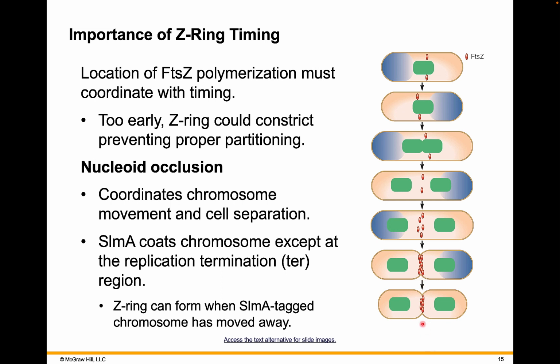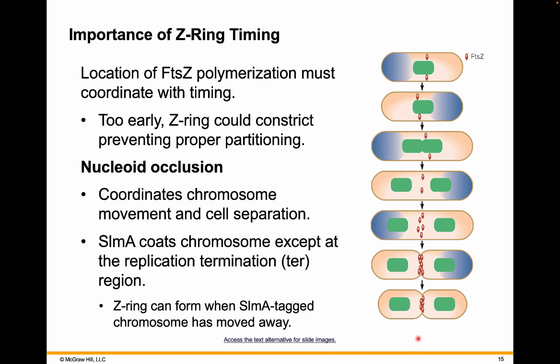And there are some other proteins which are also involved. SlmA coats the chromosome except at the replication termination, or Ter, region. And the Z ring can form when the SlmA-coated chromosome has moved away.